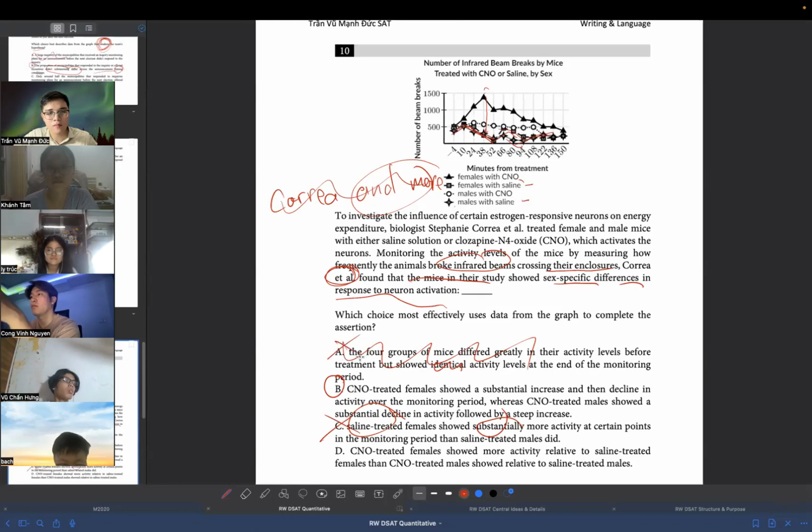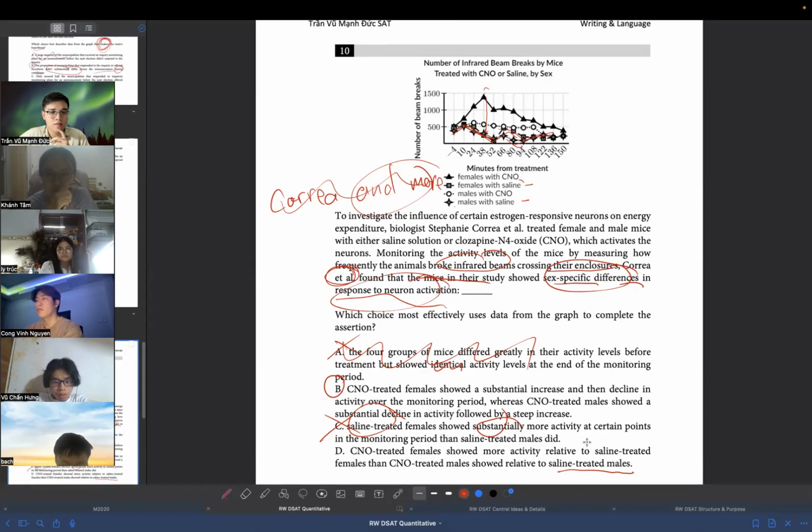It is not substantial. And D, CNO-treated females showed more activity relative to saline-treated females than CNO males showed relative to saline-treated males. Or CNO-treated females showed substantially different responses to neuron activation. CNO-treated females showed more activity relative to saline-treated females.